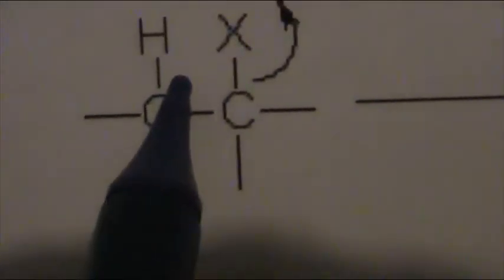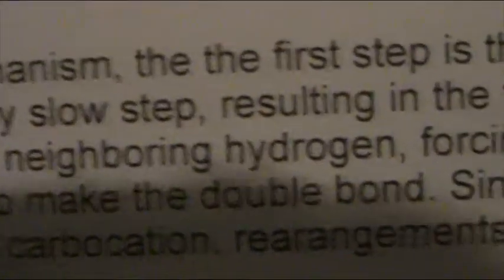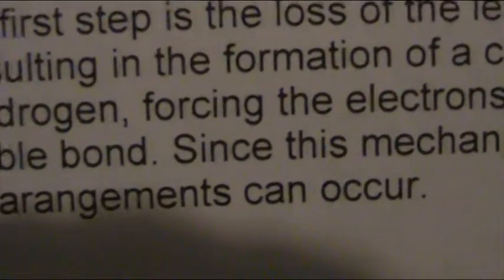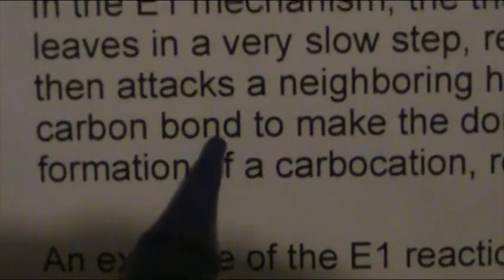This was the neighboring hydrogen. So the base attacks here. What does it do? The base attacks the neighboring hydrogen, forcing the electrons from the carbon-hydrogen bond to make the double bond.